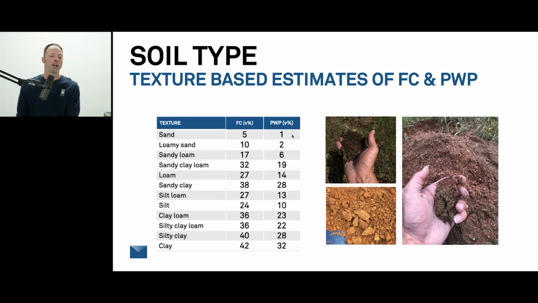And so these two points are general benchmarks that illustrate how well a plant is going to do in a given soil. And it's much different from a clay here on the opposite end, where field capacity is going to be closer to 42%, and plants can possibly not pull any water out of the soil at 32% water content. So especially if you're not measuring matric potential, which you probably should, you should at least know the soil type.